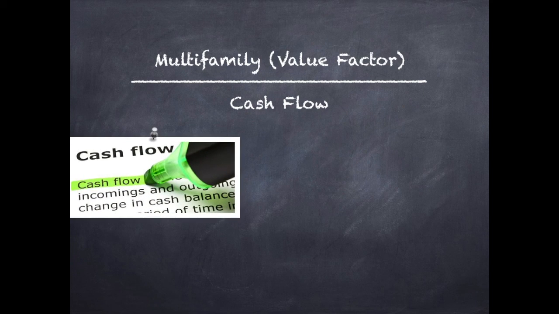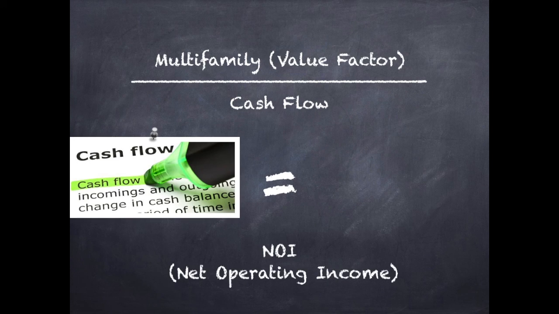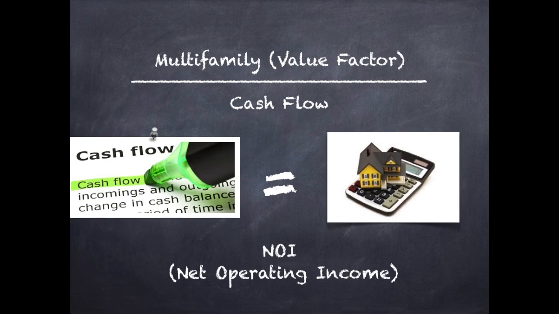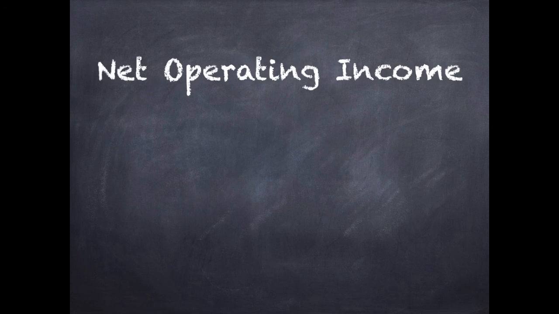Multifamily commercial real estate is based on how much money the property brings in, how much profit is really there. And that's where we get to a very key term, which is the net operating income, the NOI. This is the bottom line profit before taxes and debt service that a property generates. The NOI is a key term that's going to be used over and over again. So let's dig into the NOI.